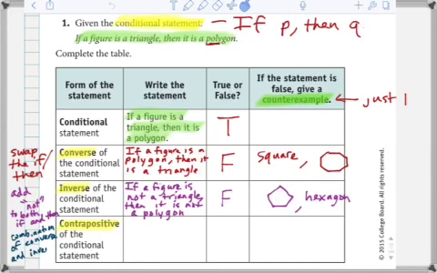In other words, we're going to swap them, and we're also going to add the word not. We're going to do both things. So the contrapositive statement would be: if a figure is not a polygon, then it is not a triangle.